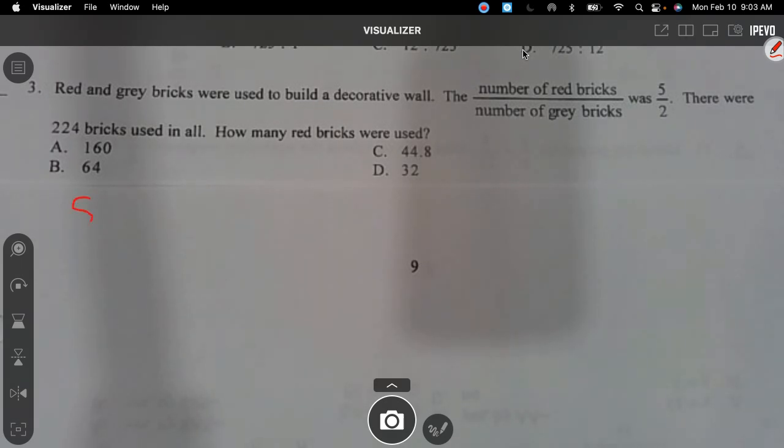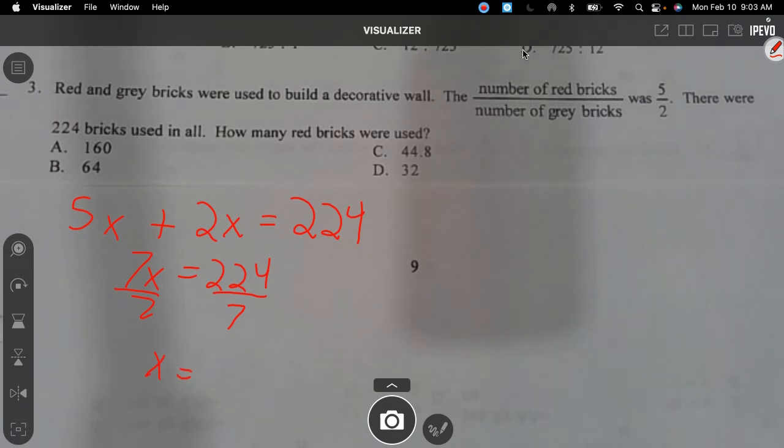It's 5 times something to 2 times something equals 224. What is 5x plus 2x? 7x. 7x equals 224. Divide by 7.